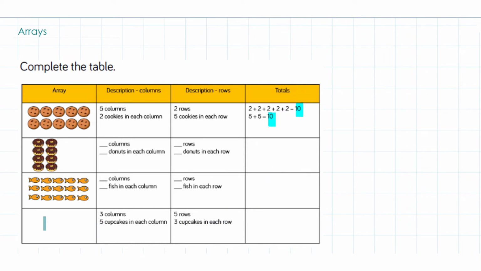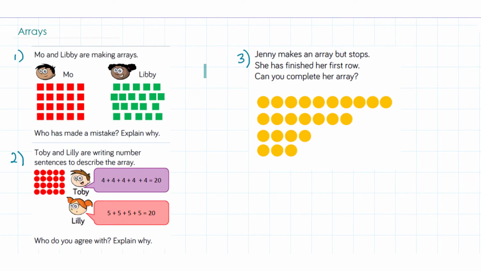For the last one, you need to draw the array here. So think about the information. What would you draw? And then some problems to make you think a little bit more deeply. There's 3 here. Number 1, Mo and Libby are making arrays, so someone's made a mistake. What mistake have they made?